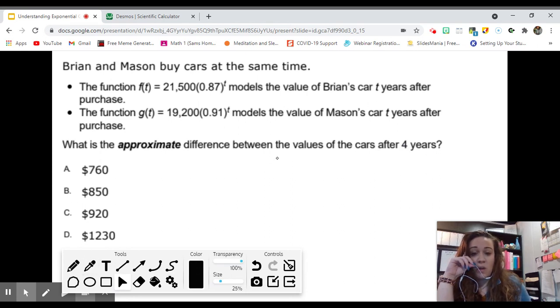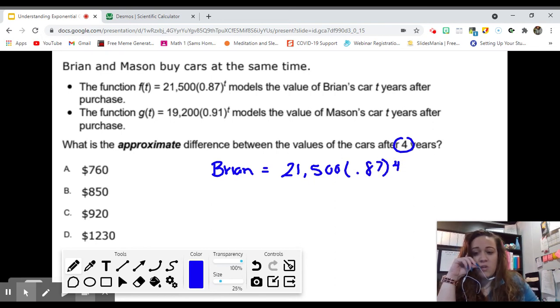They already calculated the rate of depreciation in my particular equation, so I'm going to take care of Brian's first. It says after 4 years, so my time is going to be 4. So 21,500 times 0.87 to the 4th power. Don't forget we have Desmos that we can use.